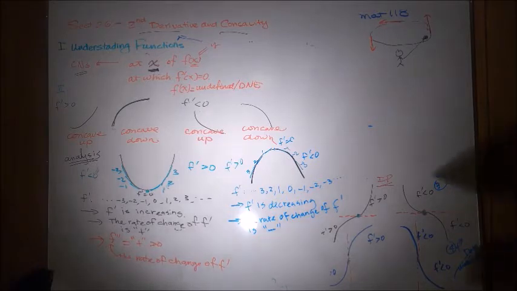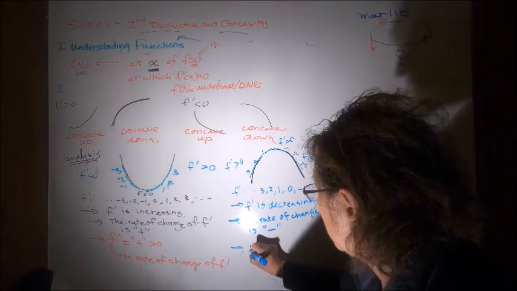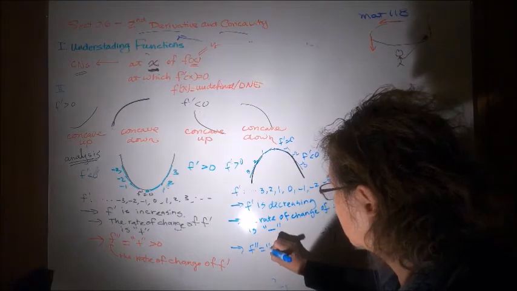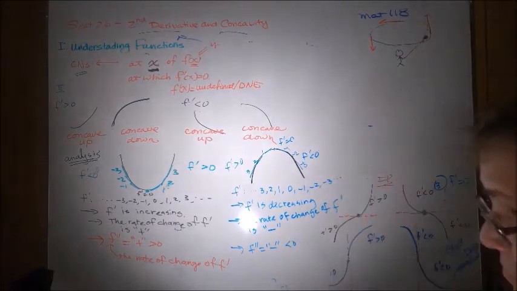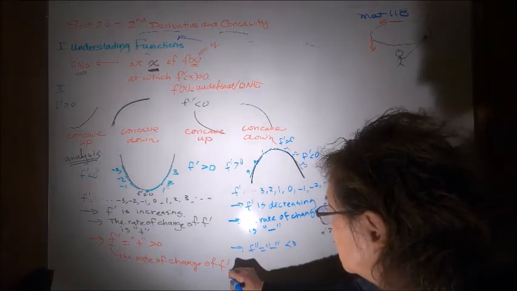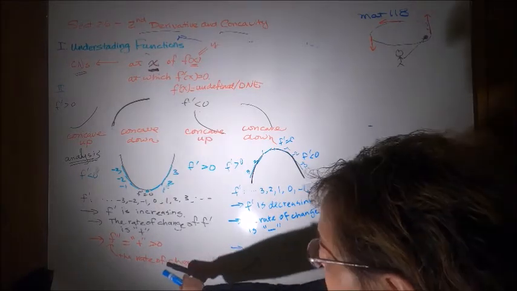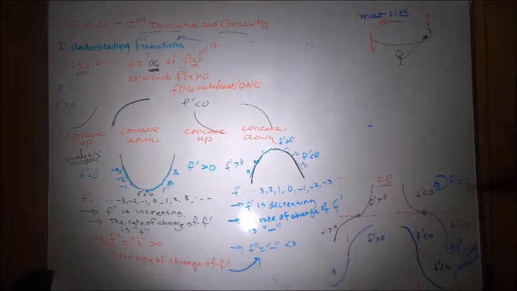That means f prime prime is negative, less than 0. It means f prime prime is the rate of change of f prime.